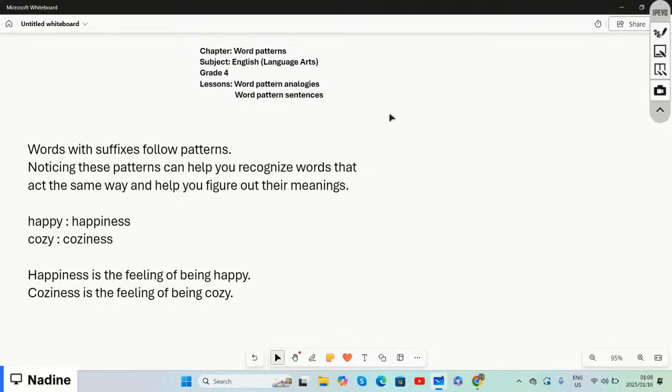And if we look at an example, which is going to be a base word as well as a suffix that is added to that base word to create a new word, we're going to see the pattern that it creates.